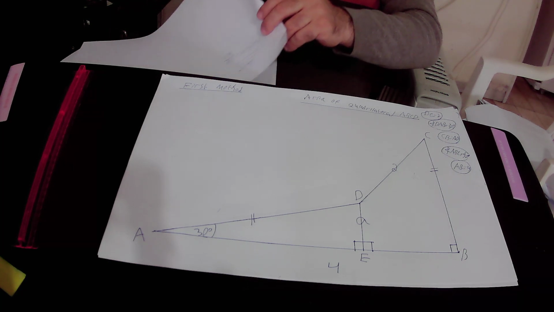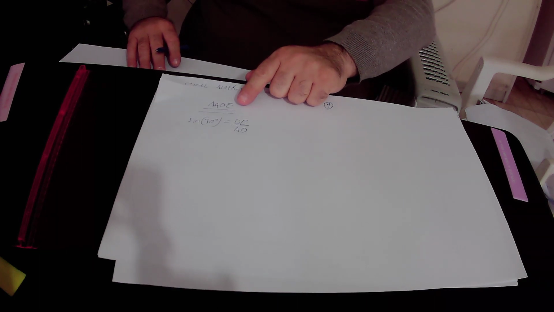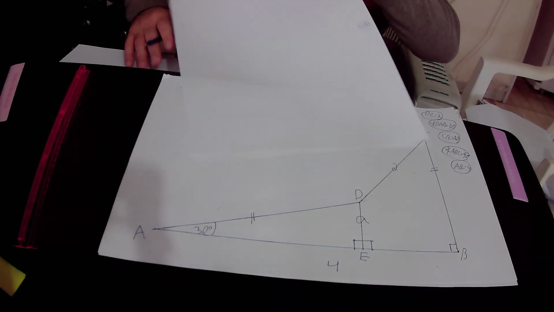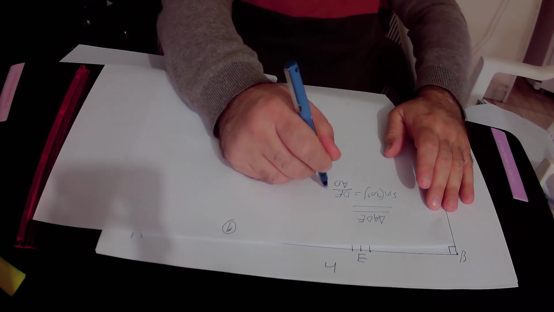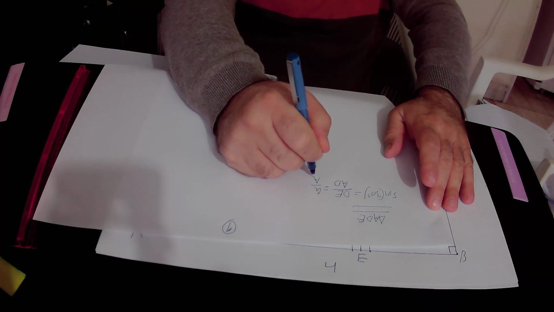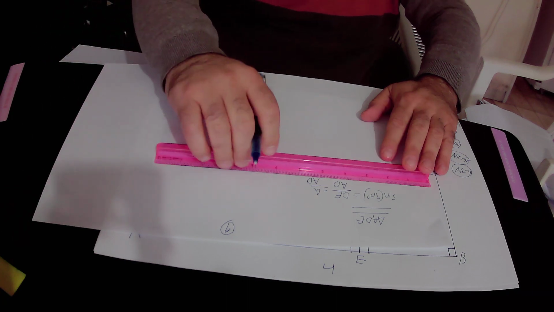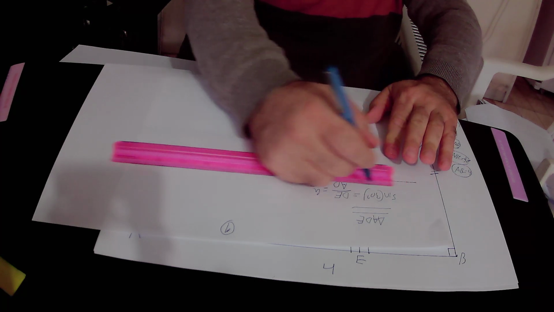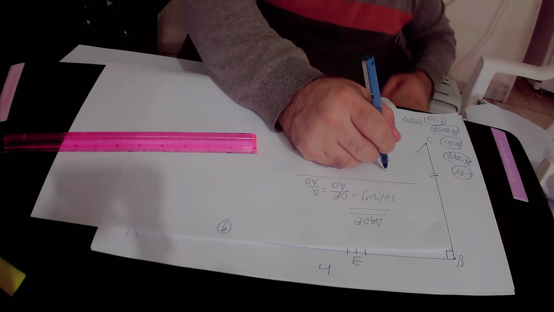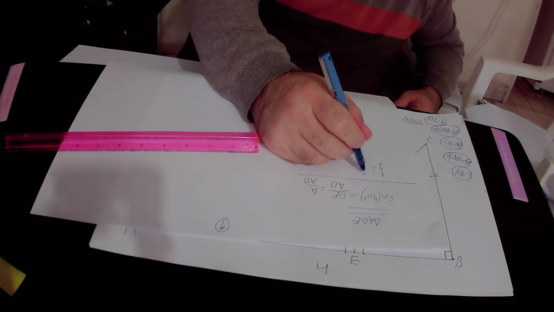In the right triangle ADE, we know that sine 30 degrees equals DE over AD, but DE equals A according to our definition. So we can write that it equals A over AD, and we also know that sine 30 degrees is equal to 1 over 2, so 1 over 2 equals A over AD.